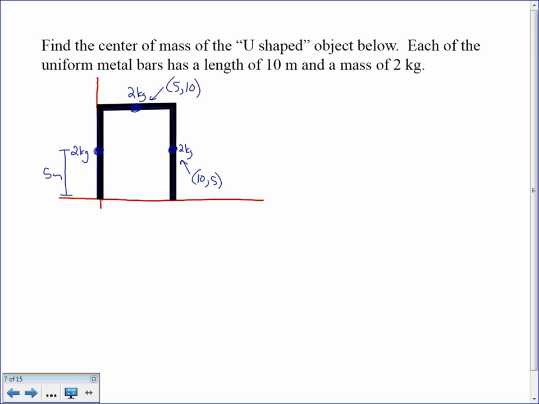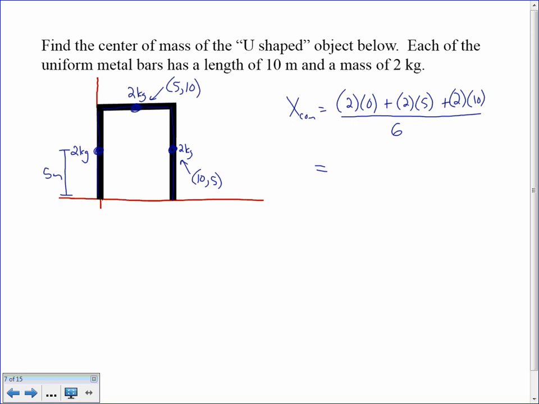I've turned this from something that looked complicated into finding the center of mass of just 3 point masses. And so the x coordinate of the center of mass would be 2 kilograms times 0 for that first mass, plus 2 kilograms times 5, plus 2 kilograms times 10, divided by the total mass of 6.